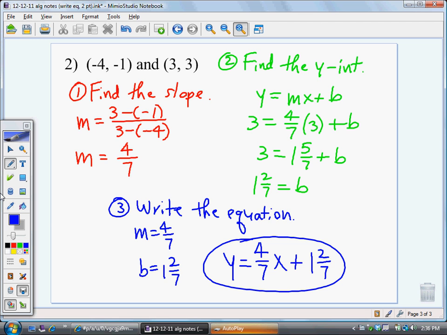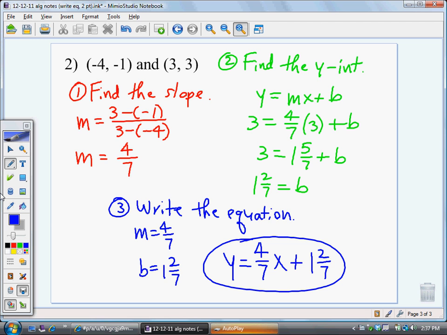So that works. And again, as long as your equation satisfies both ordered pairs in the problem, your answer is guaranteed to be correct.